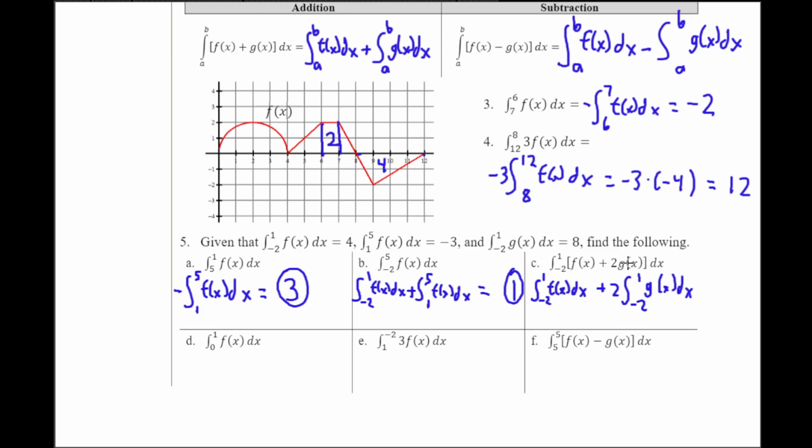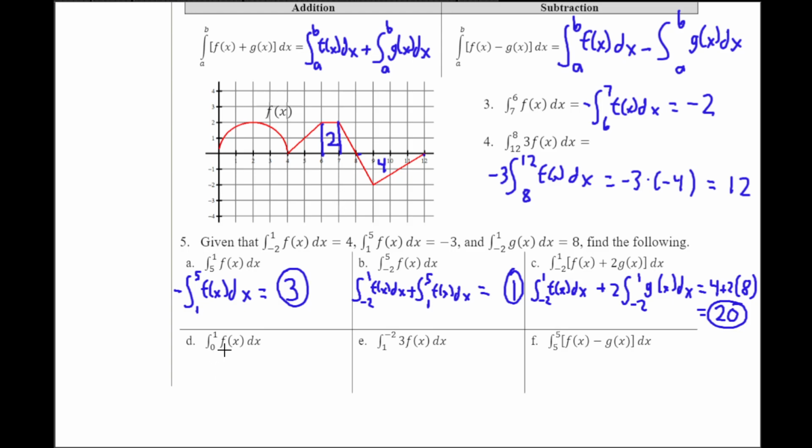Again, this is the sum and difference rule, and also moving the constant to the outside of the integral. So that's equal to, well, this right here, they tell us is 4, plus 2 times the integral from negative 2 to 1 of g of x dx, which is 8. So it's 4 plus 16, which is equal to 20.